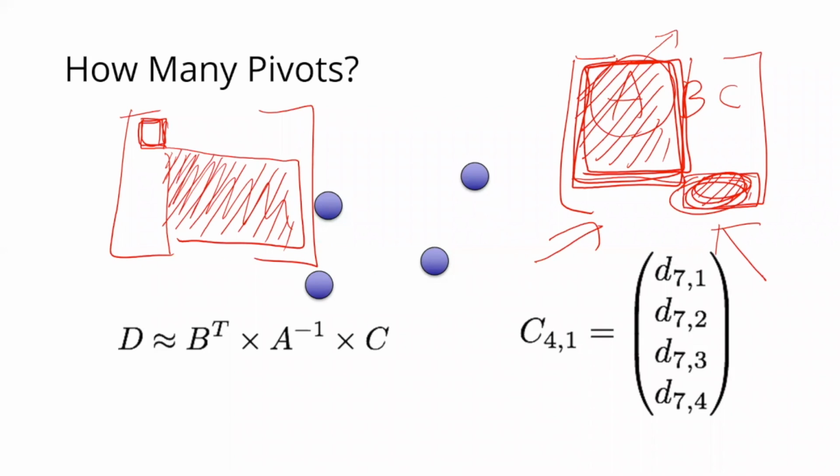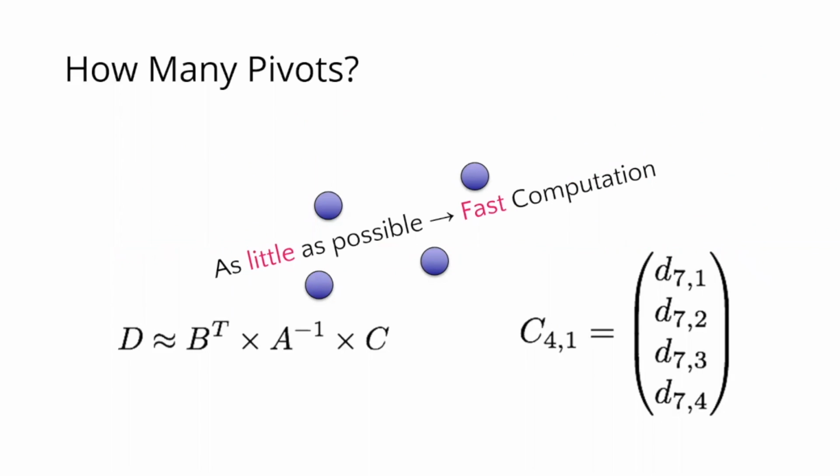you don't really take advantage of Nystrom approximation. The whole point of doing Nystrom approximation is to avoid computing the full distance matrix. And if you already have a great portion of the distance matrix computed already, why would you bother to do Nystrom approximation, right? So that means in order for a faster computation, first of all, you want to use as small a number of pivots as possible.